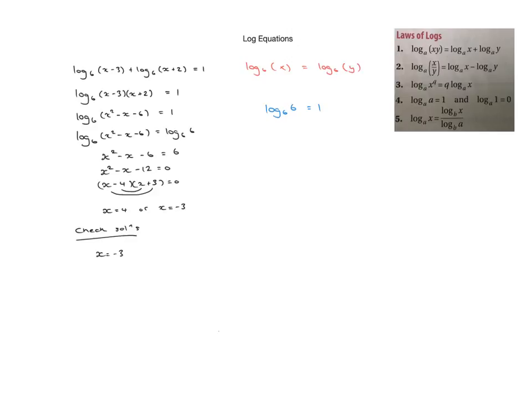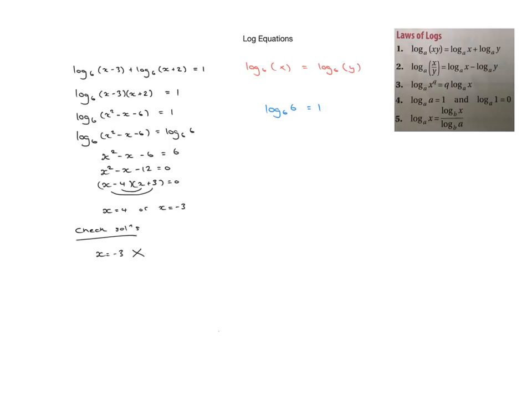So let's go up to the top. And you can see here, if I put x is equal to minus 3 in here, I get minus 3 minus 3, which is minus 6. And that means I get log base 6 of minus 6. Well, I just told you that we're not allowed to have a negative. So that means that x is equal to negative 3 just won't work. It's not a solution. We're not allowed to have it.